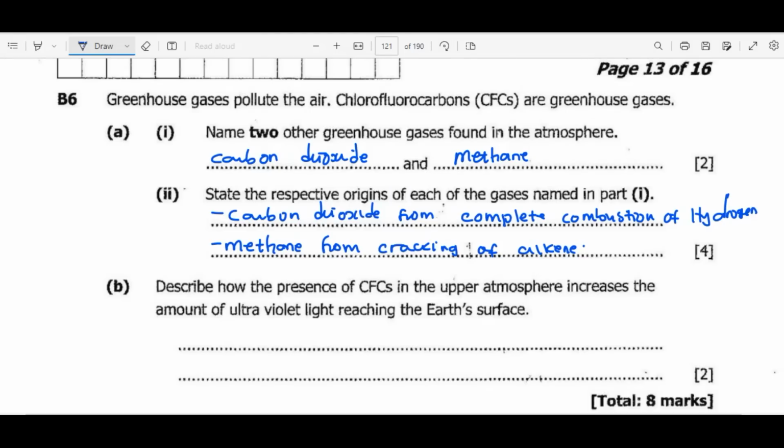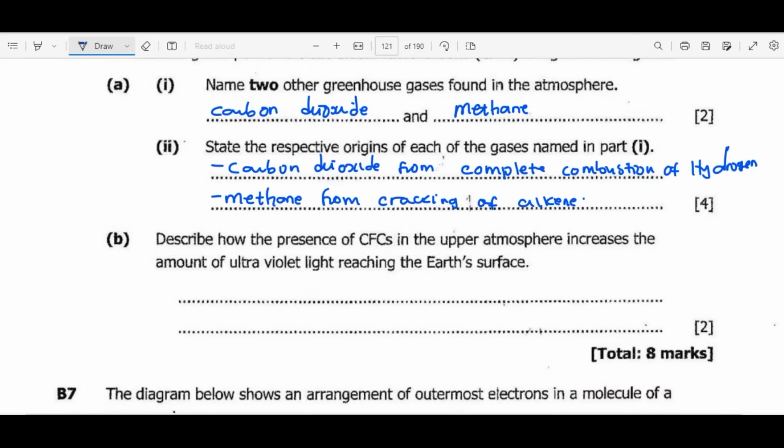reaching the Earth's surface. So in between the Earth and the Sun, there is a layer, or maybe there are layers that reduce the light from reaching the ground. If these layers are destroyed, then we are expected to have a rise in temperature.